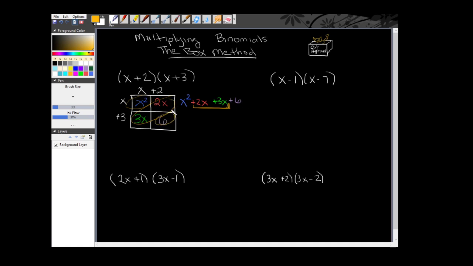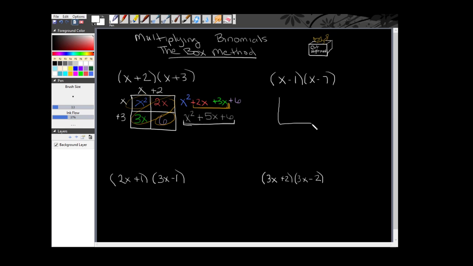So if you don't want to do the extra writing, you can just look across your diagonals and combine them right away. So the final answer here is x squared plus 2x and 3x makes 5x plus 6. And there's our final answer.